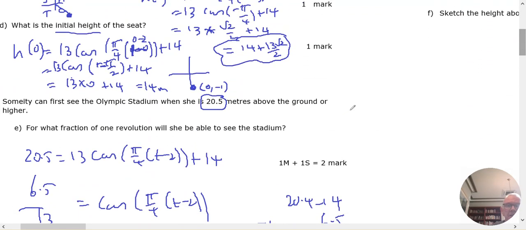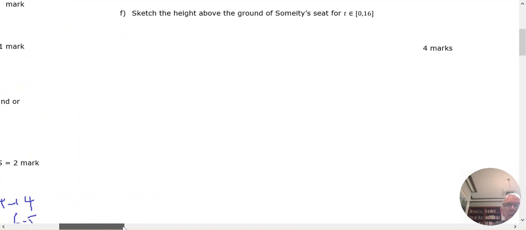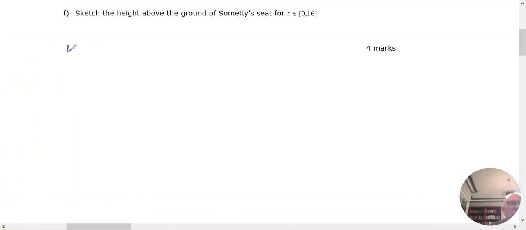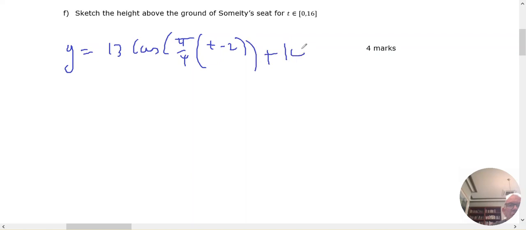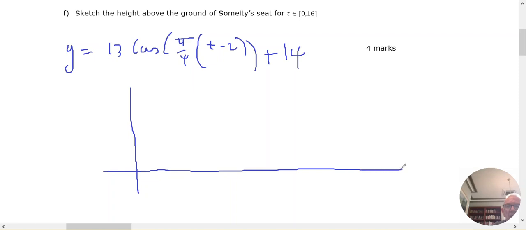Okay, and then lastly, sketch the graph. Okay, so we've got y equals 13 cos of pi on 4 t minus 2 plus 14. So that's 8, that's 16. There is my guiding mark for 27.